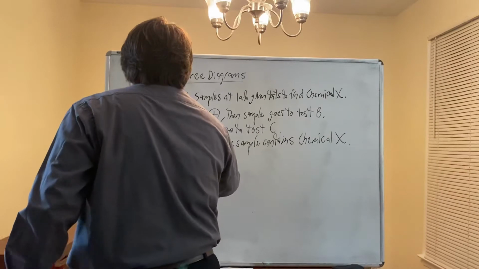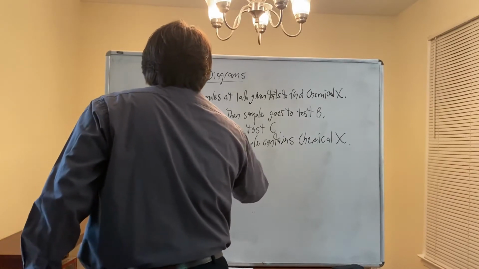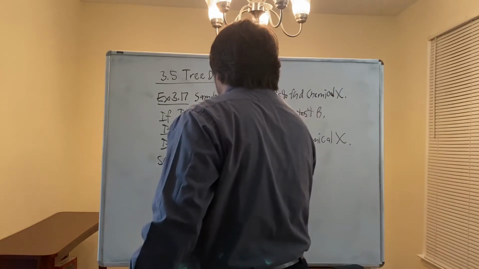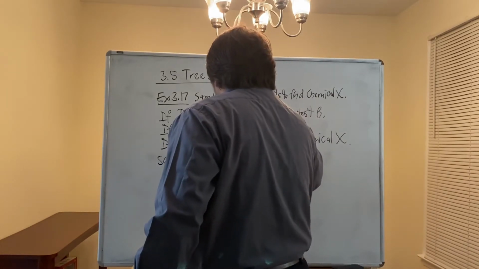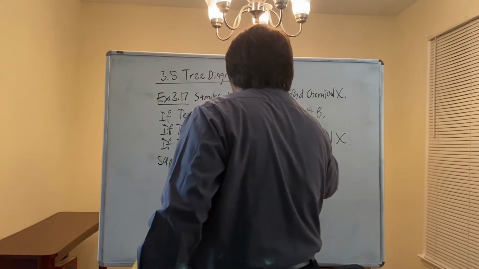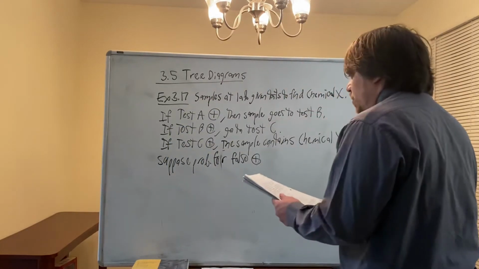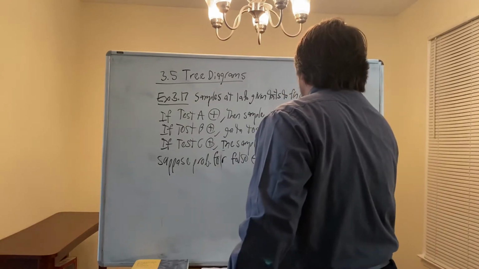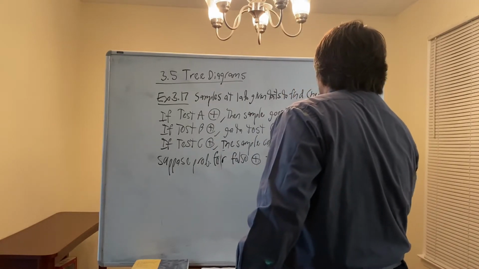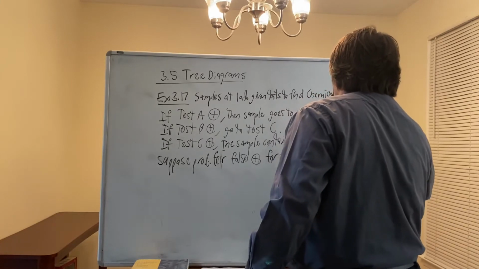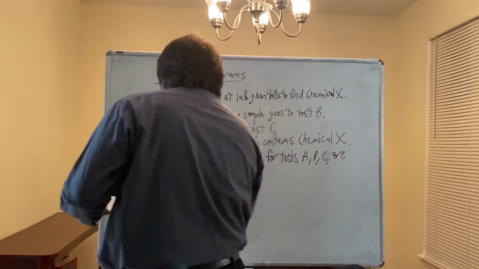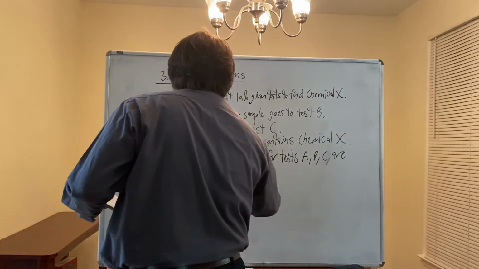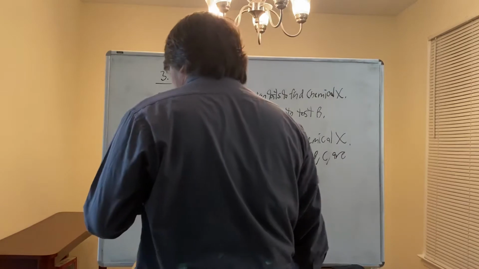Suppose the probabilities of a false positive for tests A, B, and C are 0.05, 0.10, and 0.15, respectively.